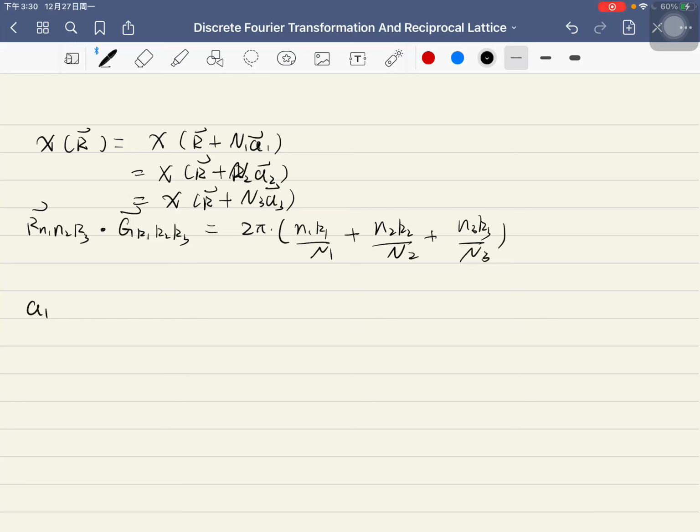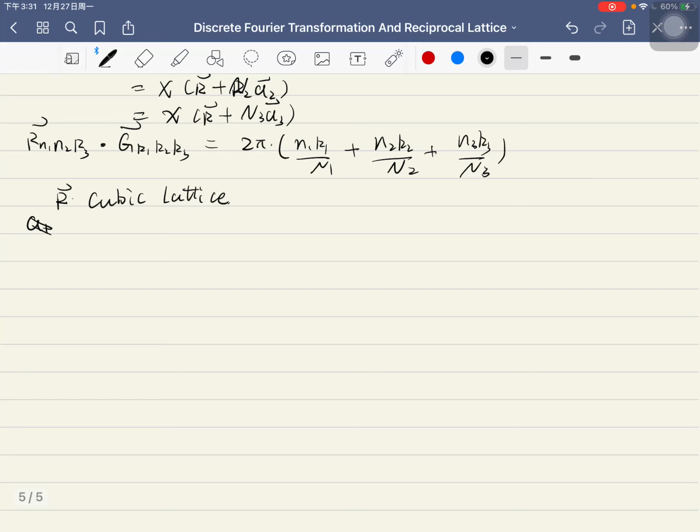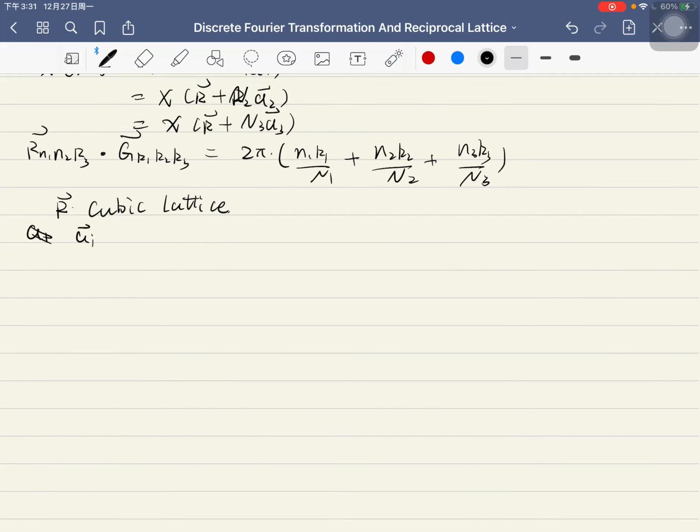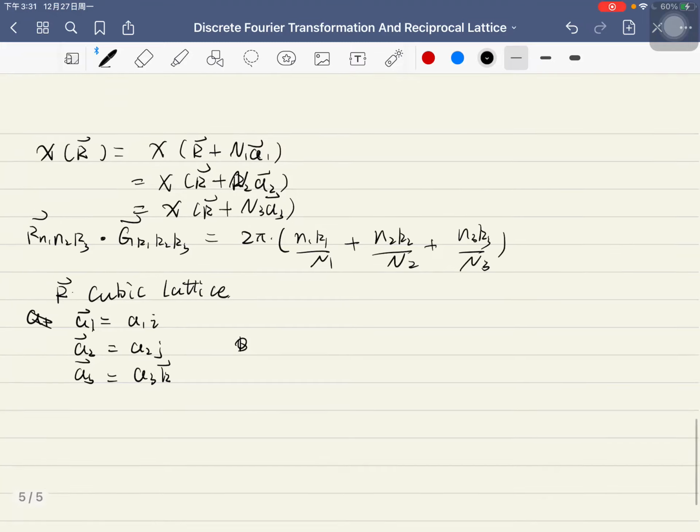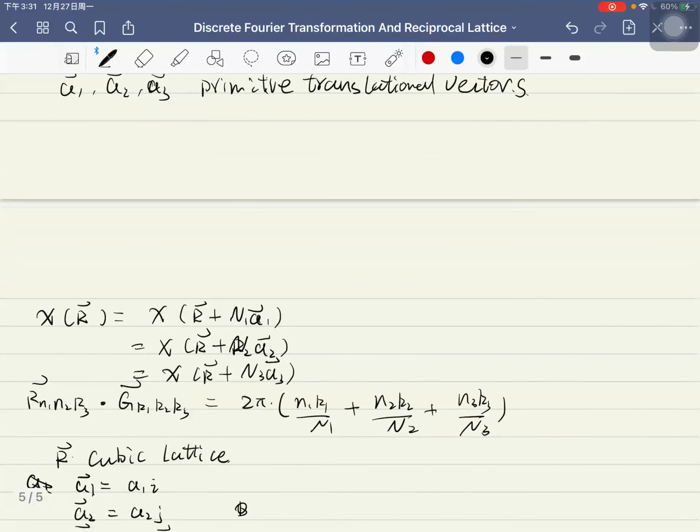If R is in the cubic lattice, we can easily define a1 equals a1 i, a2 equals a2 j, a3 equals a3 k, and the reciprocal lattice B can easily be defined using these relations.